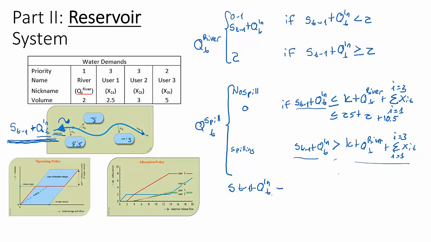It will be spilling this available water minus this that we have in here, which will be K plus Q river plus the sum of all the water demands. That's when it will be spilling water.